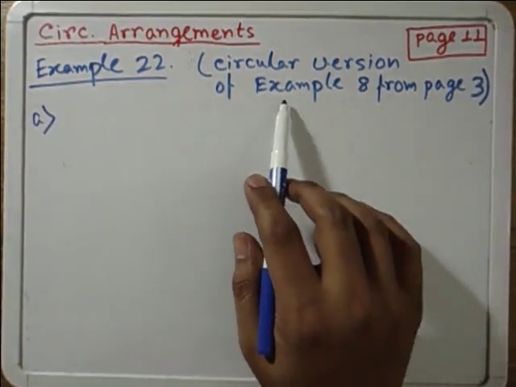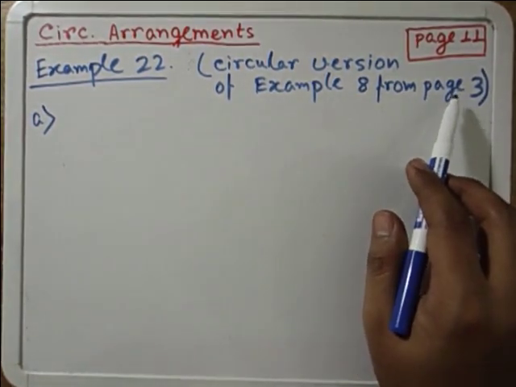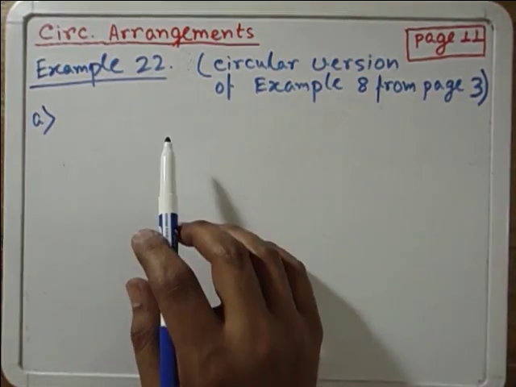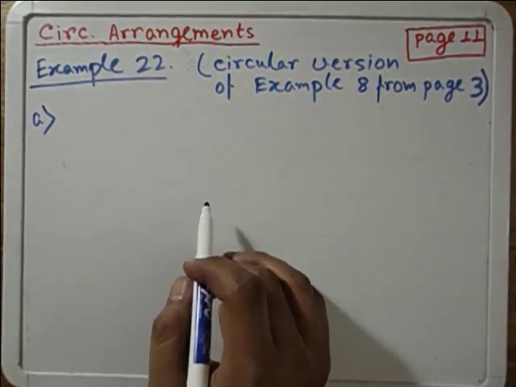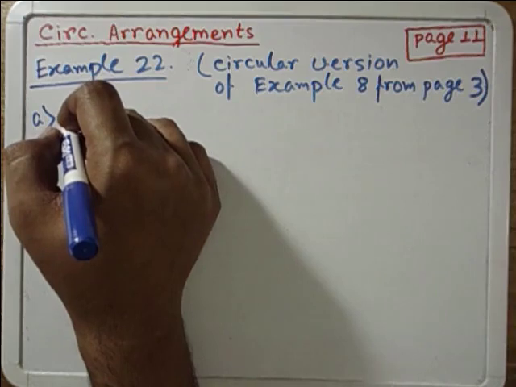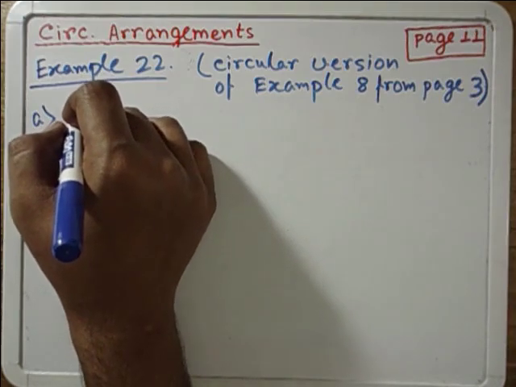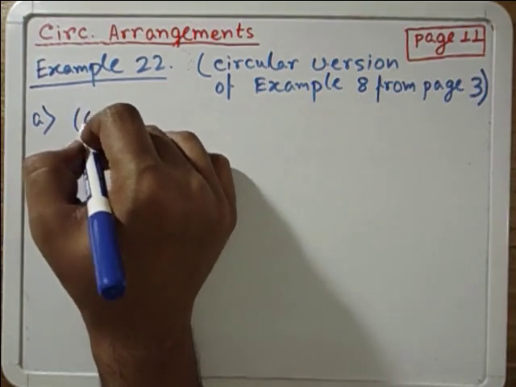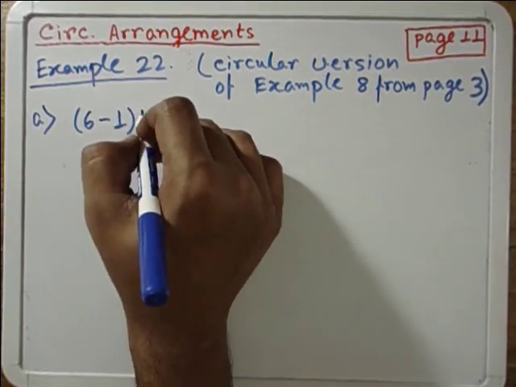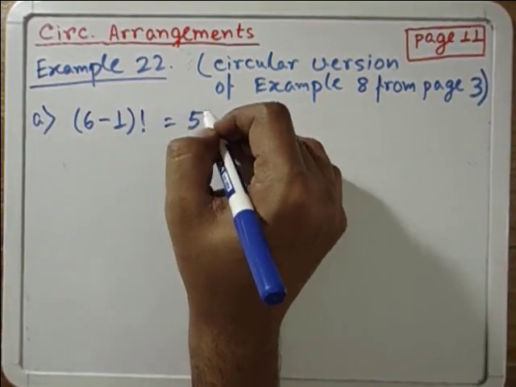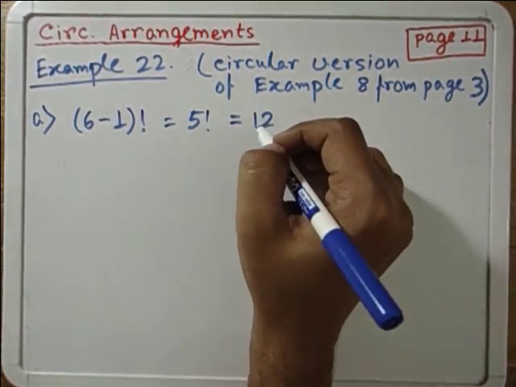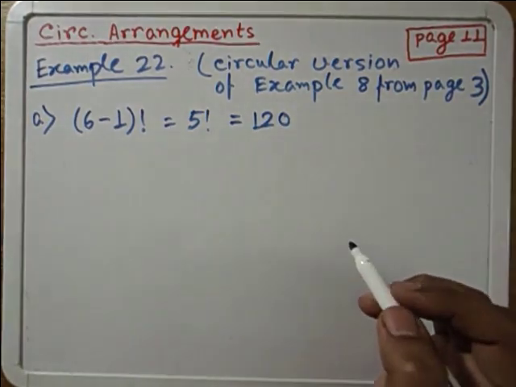So if you go check example 8 from page 3 and try to solve it on your own, you can just do it. So in total, there are 6 people. How many circular arrangements? We just learned the formula. It's 6 minus 1 factorial, which is 5 factorial, which is 120. That's it.